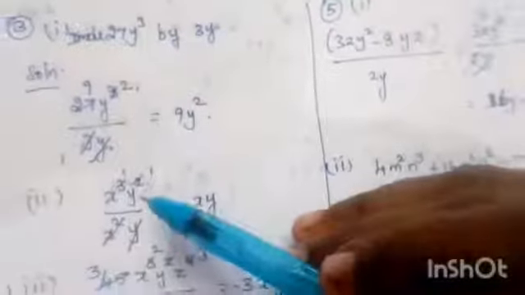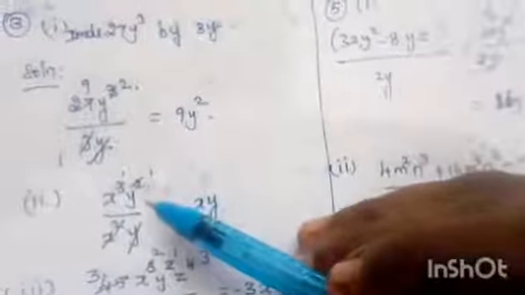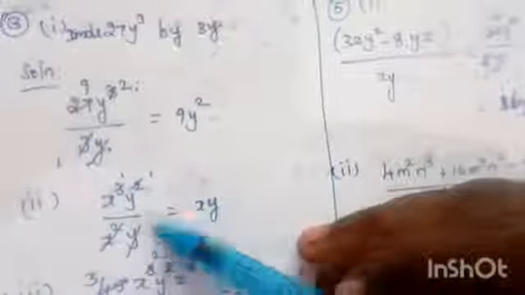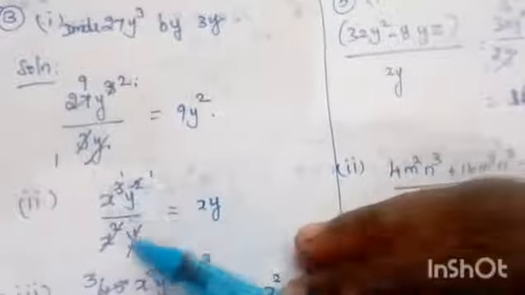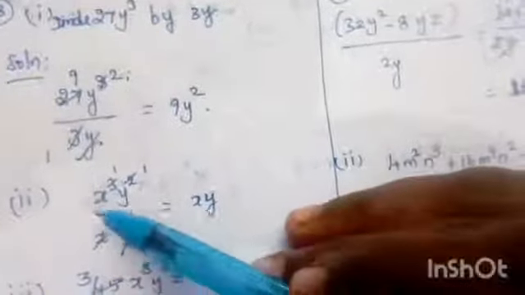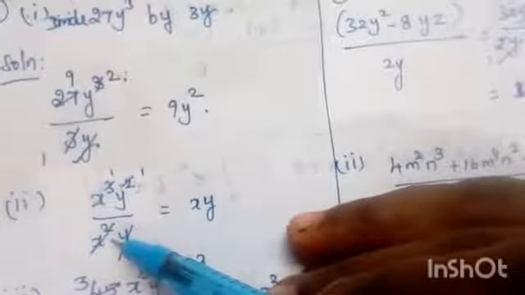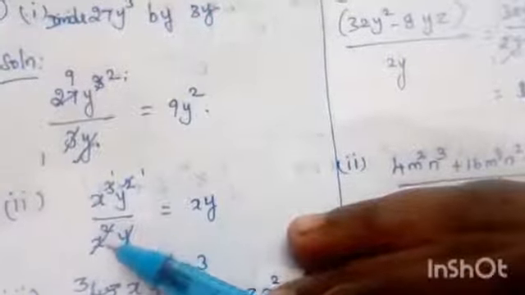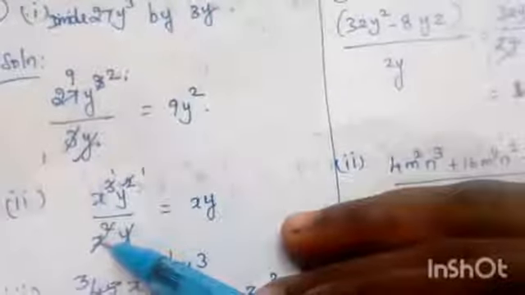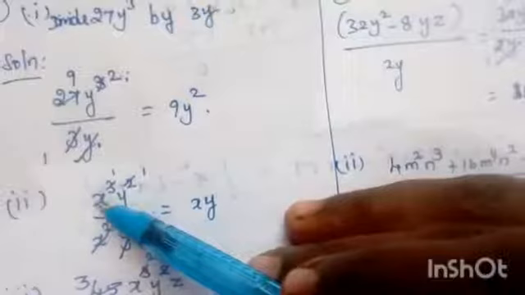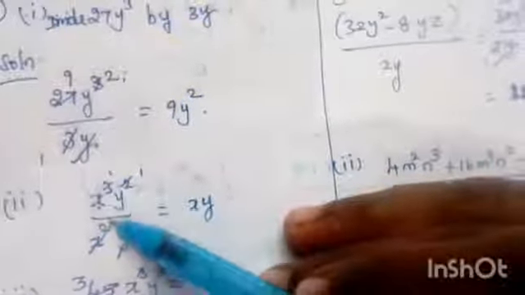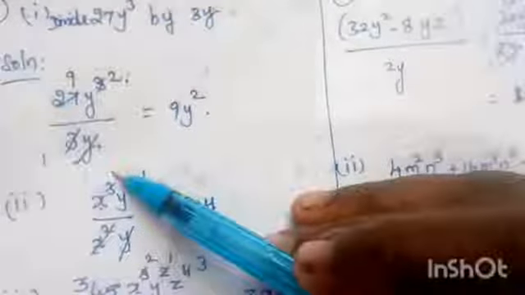Second question is rewritten as x cube y square by x square y. Here the coefficients are 1. Now for the variable x, x square is x into x, and in the numerator x into x into x, 3 times. So 2 times cancelled, remaining 1 time.